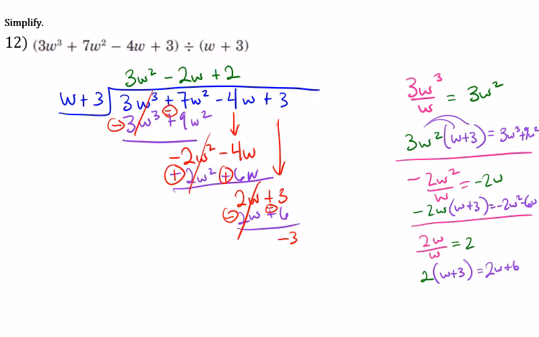When we're doing polynomial long division, we write this as a fraction. Sometimes people put remainder negative 3, but we'll keep it as a fraction. So we'll put that negative 3 into a fraction: minus 3 over, and then our denominator is going to be w plus 3.